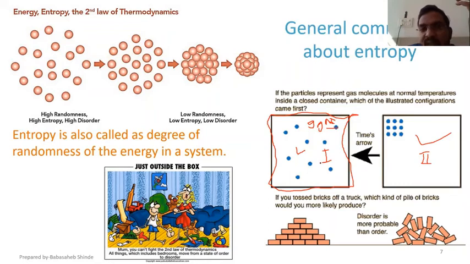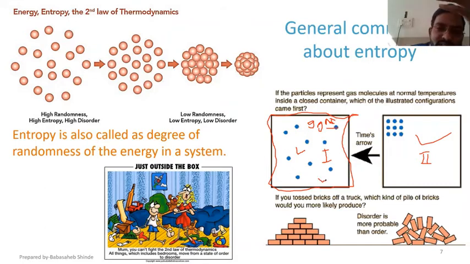Exactly. Because we can easily relate that if there are 9-10 students and I ask you to go and sit in the classroom, nobody is going to observe what you are doing in that classroom. The first kind of scenario is going to be there.